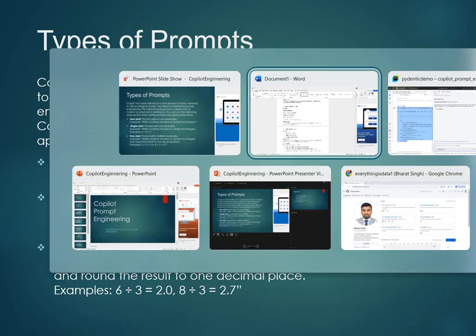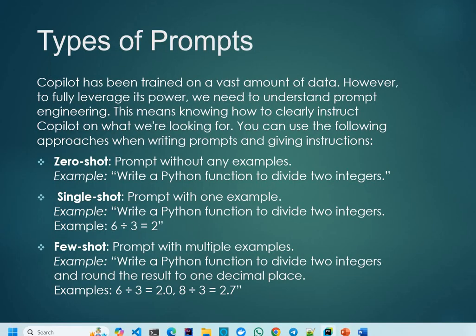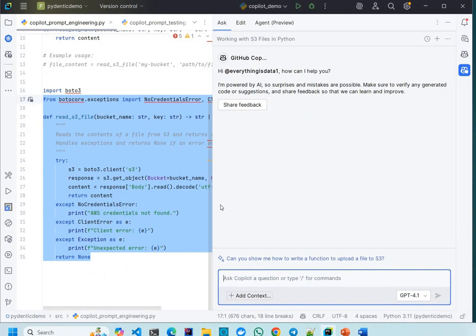Like I will show here. Single shot means it's straightforward, so we can write: write a Python function to divide two integers.